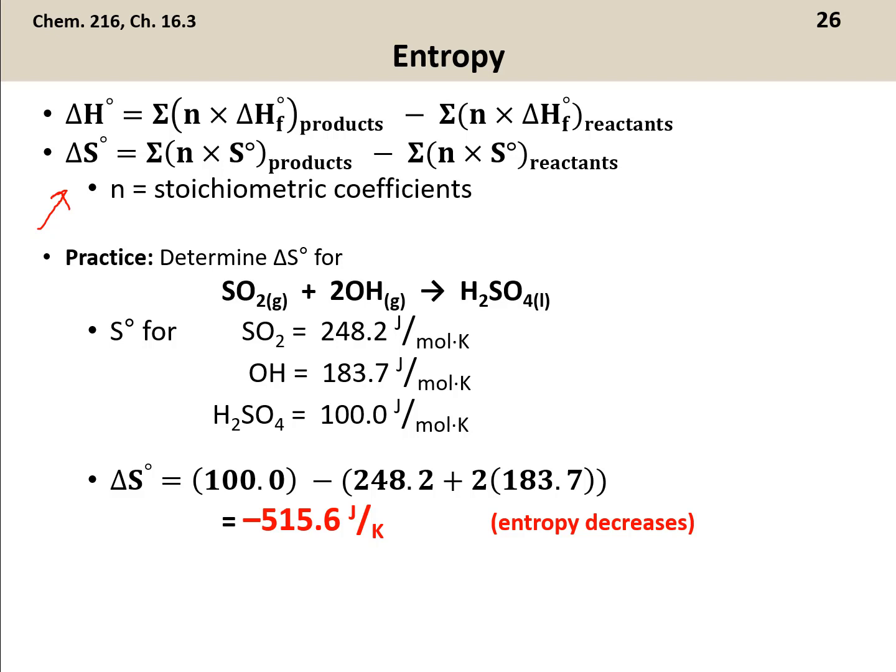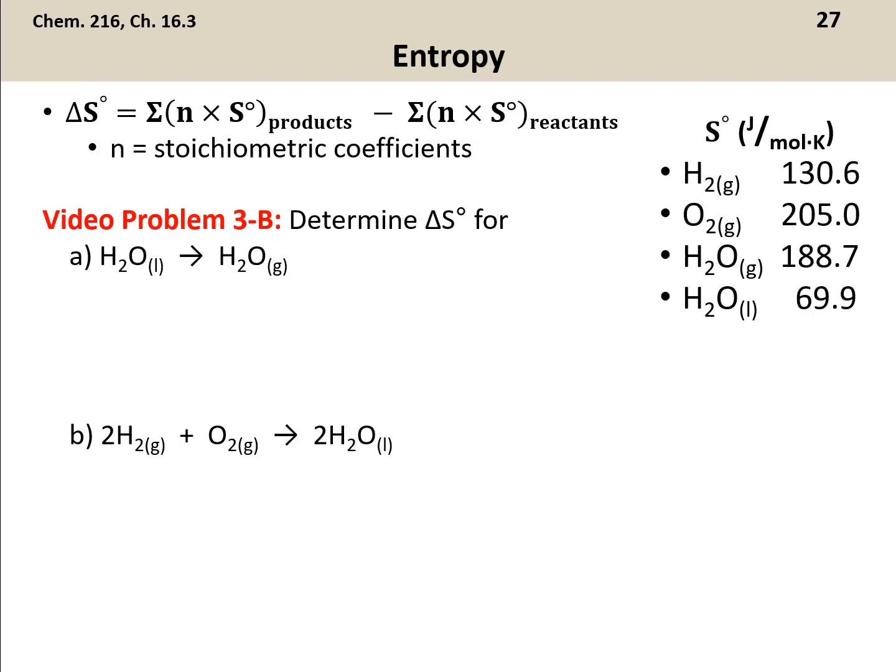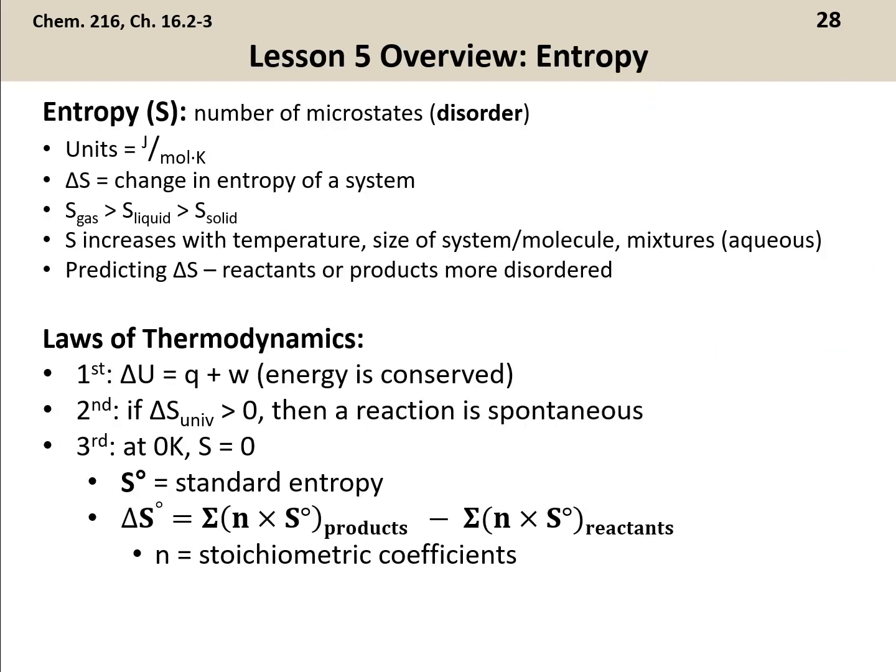All right, so this equation is very much like the one we had for Hess's law, right? So go ahead and do video problem 3B. This is using these standard entropies from the back of the book. Use these to figure out delta S for these two equations. Okay. All right, so that is it for entropy.